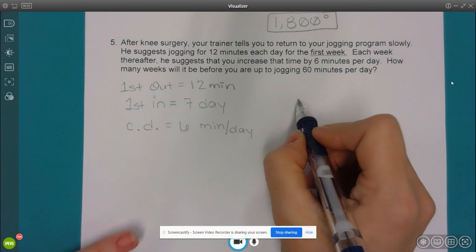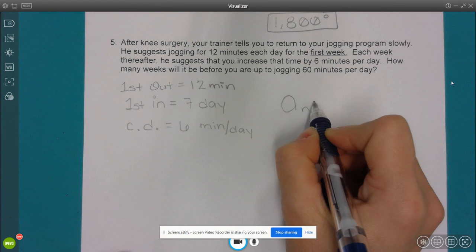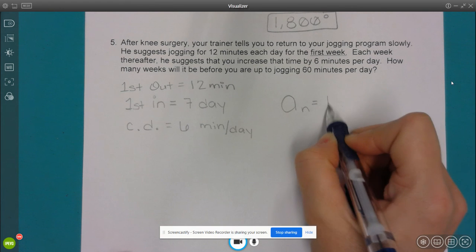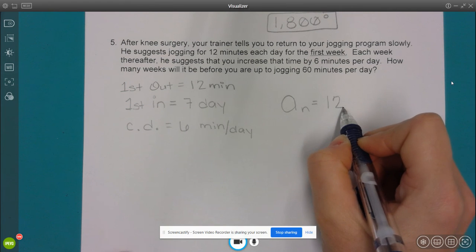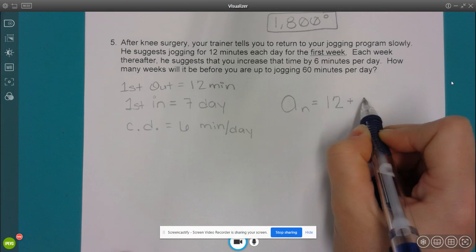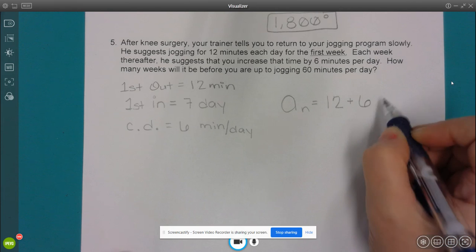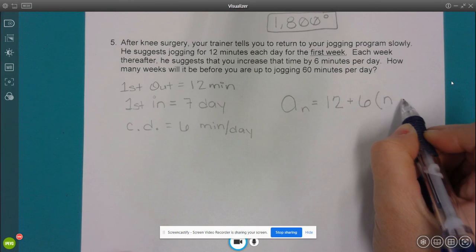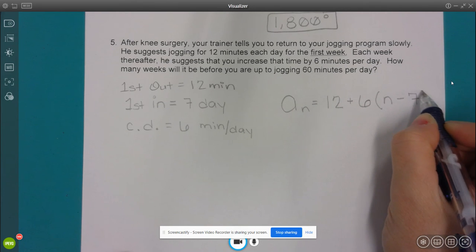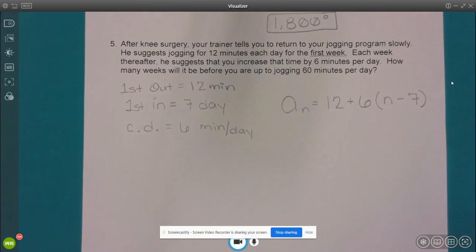So my formula here would be my 12 minutes a day that I was allowed to start with, plus my 6 minutes a day that we're going up, and then n minus 7, because for those first 7 days, I'm not allowed to increase the amount that I'm running.